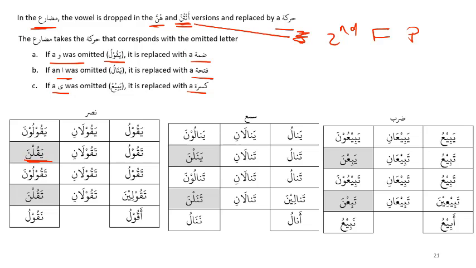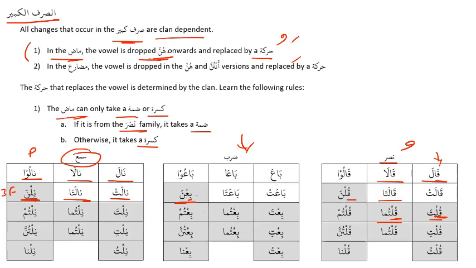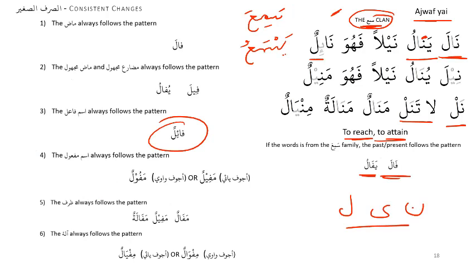So to be honest, as I was preparing this, for every word like qala, I went to the dictionary, I looked at qaf waw lam, and qaf ya lam, and once I realized, I would put it up here that with nala, according to the dictionary, there's a ya in the middle, so it's ajwaf yai. So then I just have to learn that nala yanalu has a ya in the middle, because there is no way of telling that just by looking at the word. Hmm. So you just learn it.